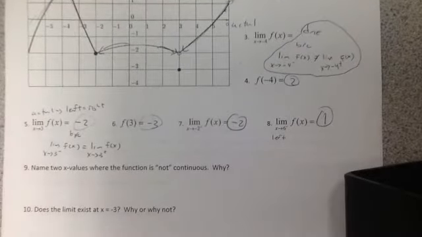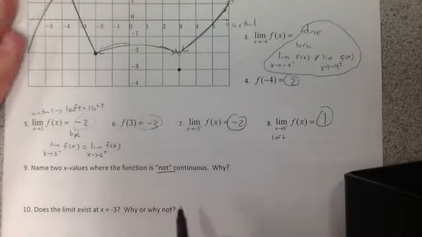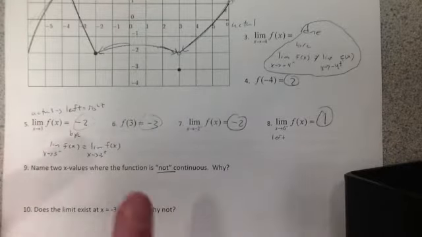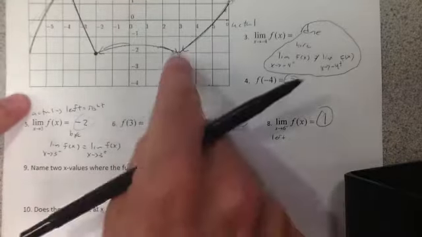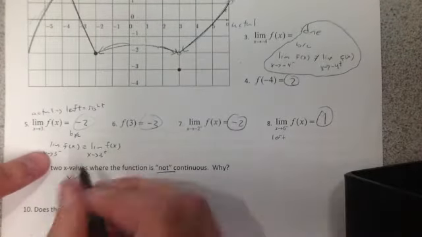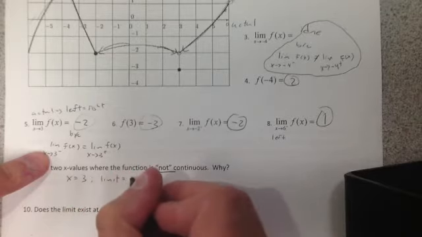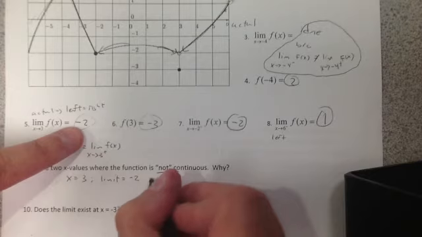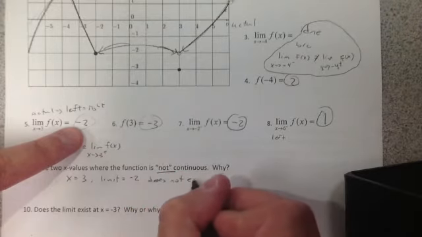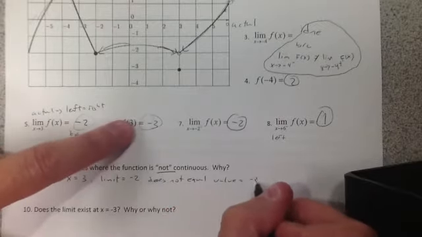All right, so let's take a look at number 9 here. It says name 2 x values where the function is not continuous. So a couple of things have to happen here. We're looking for a value, and we're looking for a limit, and we're looking for them to not equal each other. The obvious is x equals 3, and that's because the limit, which we said was -2, does not equal the value, which we said was -3.